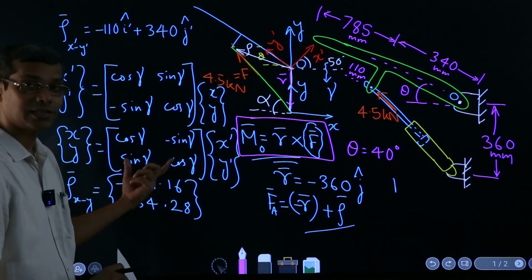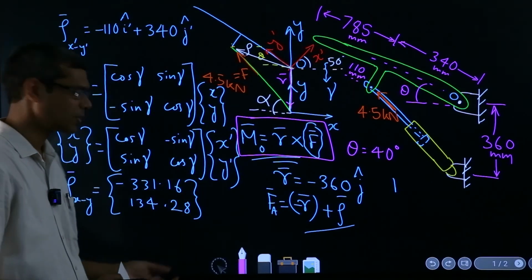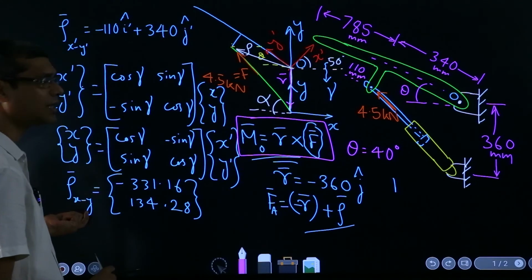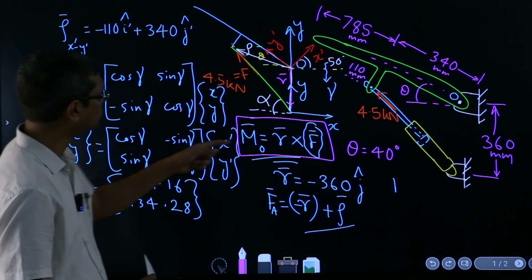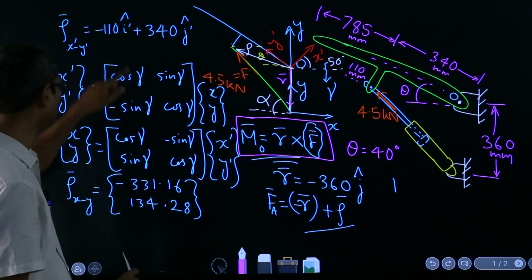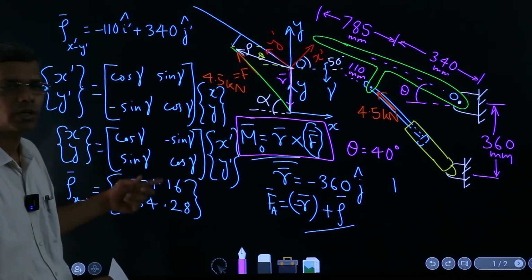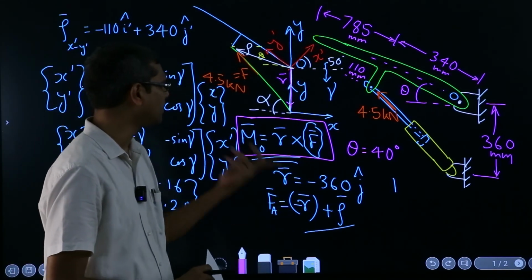This is easy to do computationally. So this thing which was difficult to do in the xy frame, we could do by two simpler processes, and then we just add them and we get it.